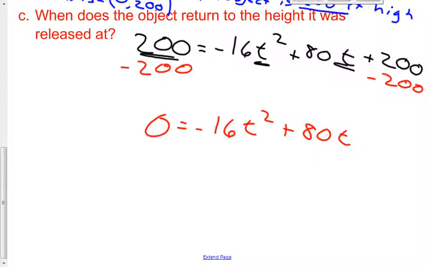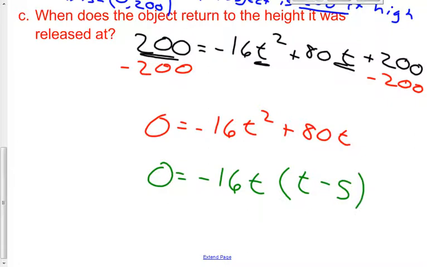So now I'm seeing a GCF that I could take out of both of them. I can take out a negative 16t. So I get 0 equals negative 16t, and what do I have left? I have a positive t, and I have a negative 5 after I take out the negative 16.